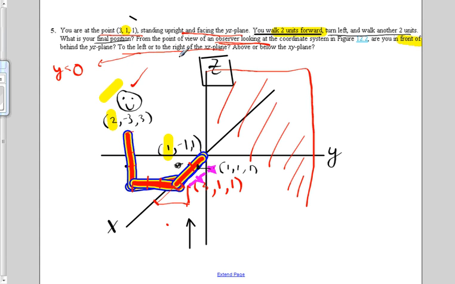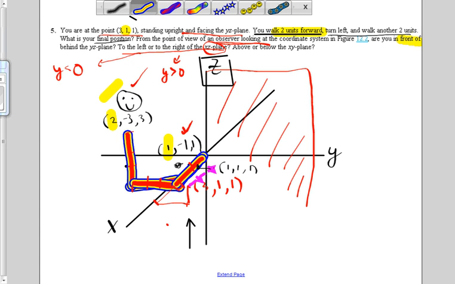And when we say to the right, convention says Y is greater than 0, because in our XZ plane, Y is 0. So if we look at my Y value, my final position is -1. So that means that it's less than 0. So I am to the left of the XZ plane.